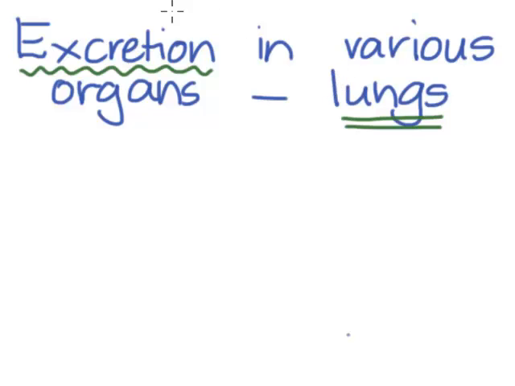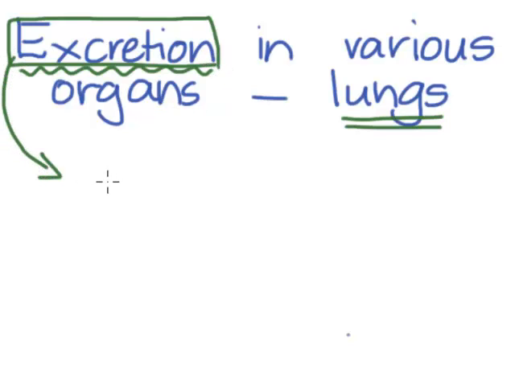Now, before we get on to the issue of excretion in the lungs, let's focus on this term excretion in order to define precisely what we mean when we talk about excretion. Every day you throw away household waste substances that you call trash or rubbish.